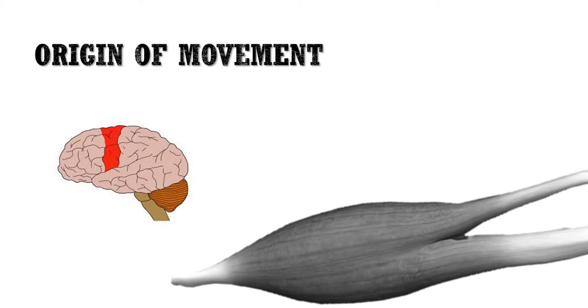To the left hand side of the red region we have the frontal lobe, to the right we have the parietal lobe, and the motor cortex sits in the aptly named sensory cortex, which more or less does what it says on the tin really. It's involved in the receiving and processing of sensory information from your peripheral nervous system. But we're just interested in the motor component of the motor cortex.